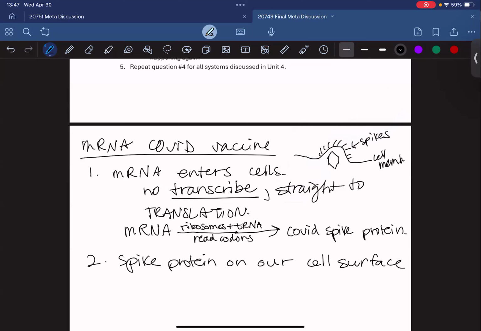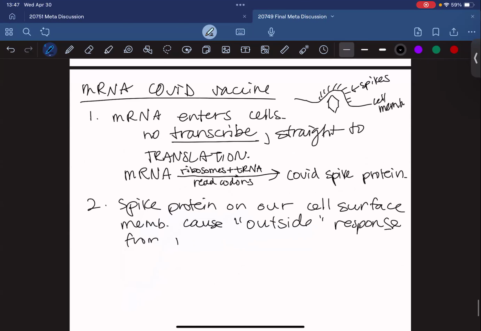So that's exactly where they're going to go. So your spike proteins on your cell surface membrane cause an outside response from your immune system.